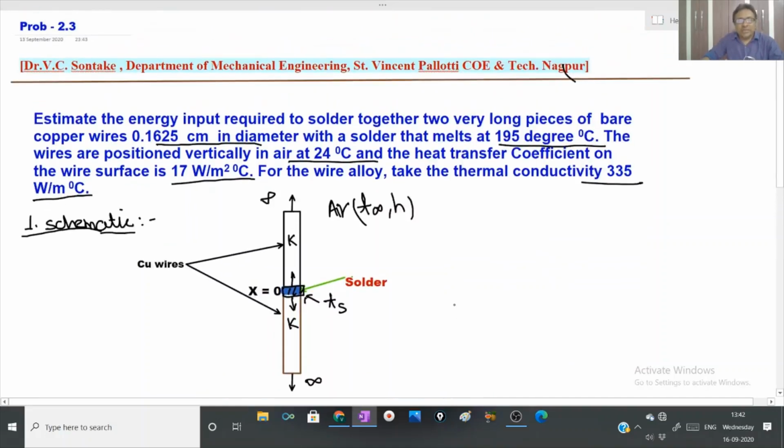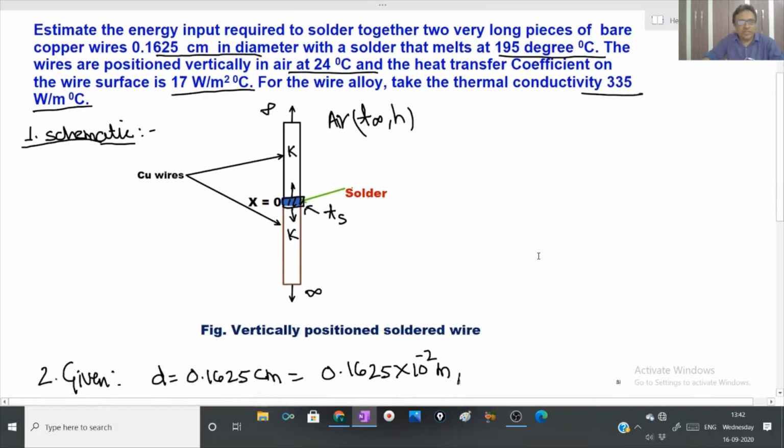Solder that melts at 195 degrees Celsius is nothing but the solder temperature, that is the surface temperature at which the roots of the fins, that is copper wires, are connected, and they are exposed to the air at 24 degrees Celsius.